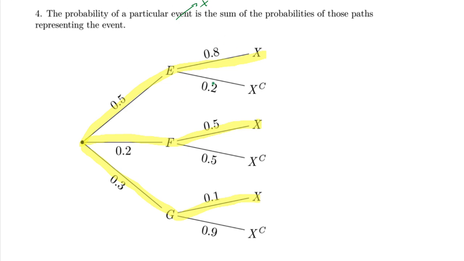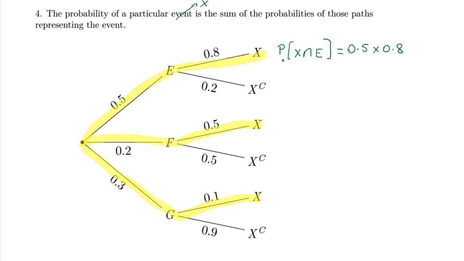The probability of the first path is the probability of X happening and E happening, and just E. E was the first event. Okay. So the probability of this path is given by 0.5 times 0.8.